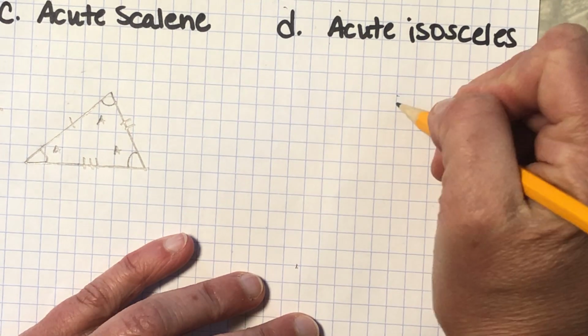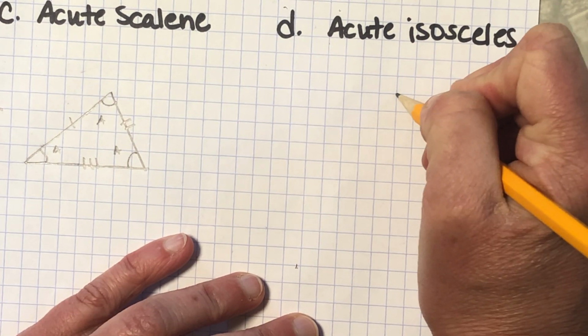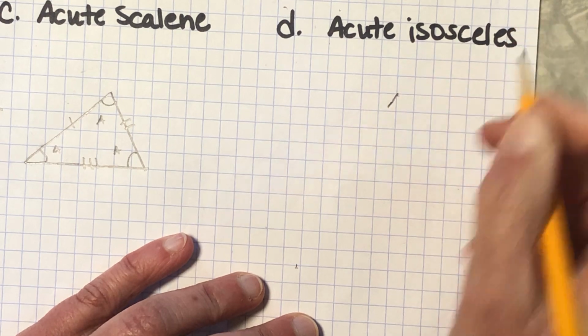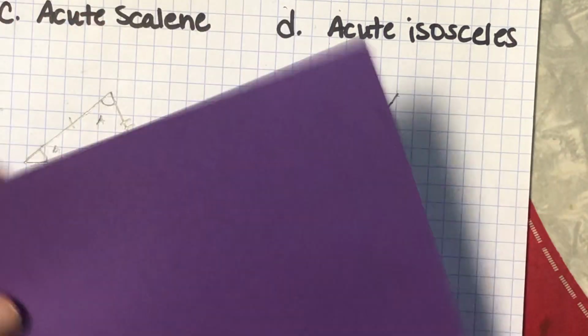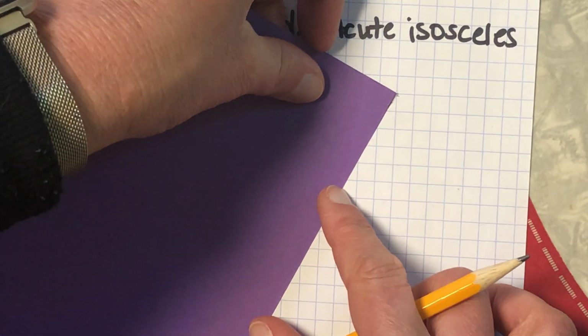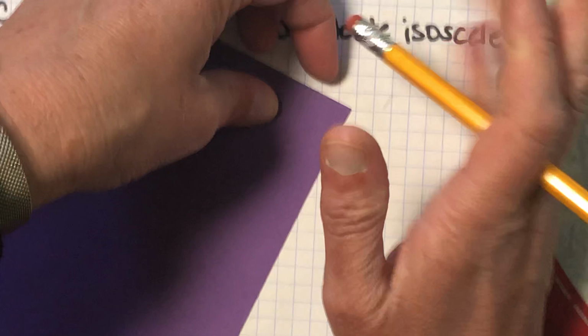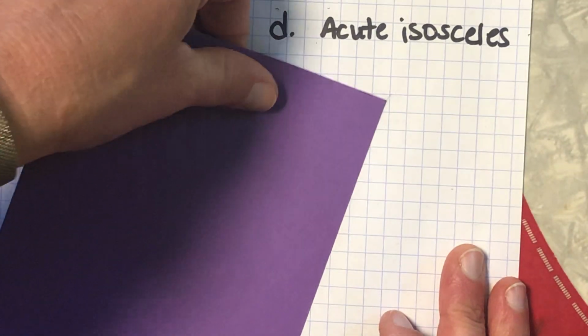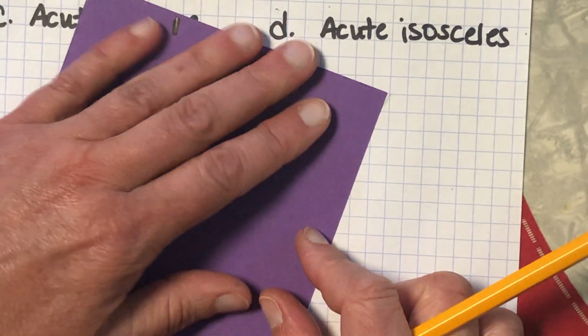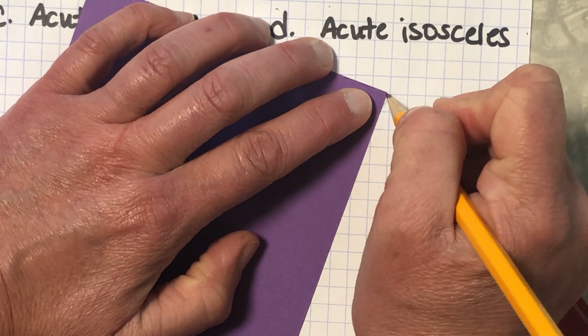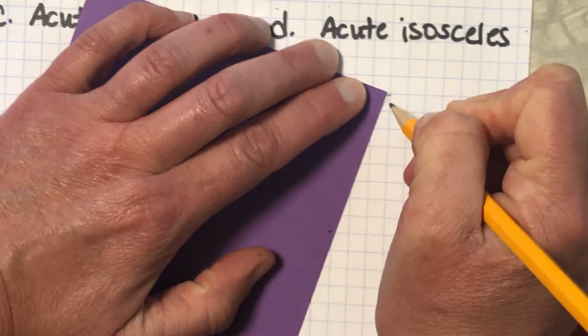We're all pretty familiar with this shape, so I'm going to come down. I think I'm just going to use my same measuring tool. Let's see. Acute isosceles. I think I'll draw to about right here.